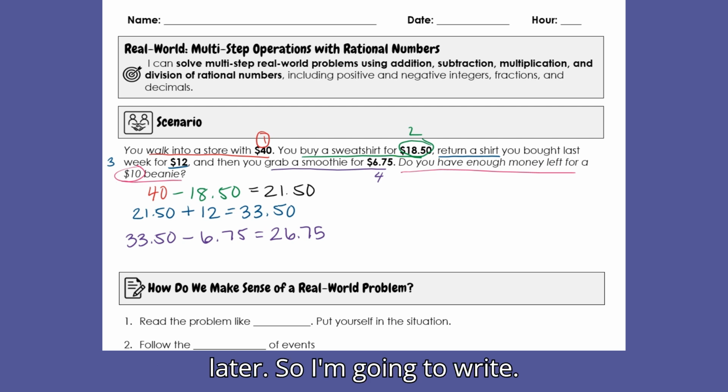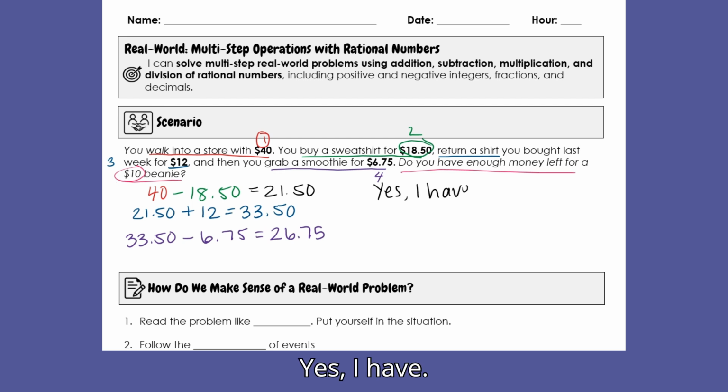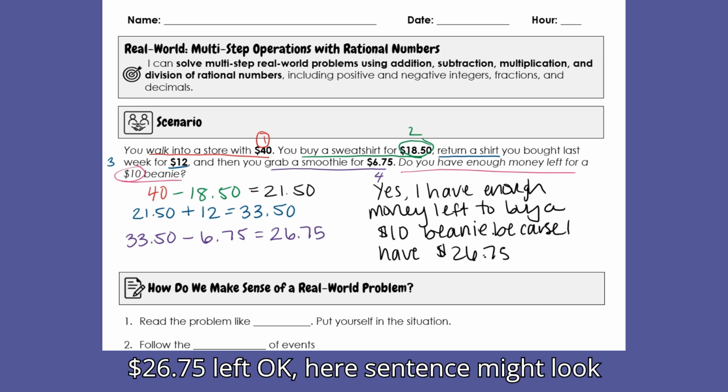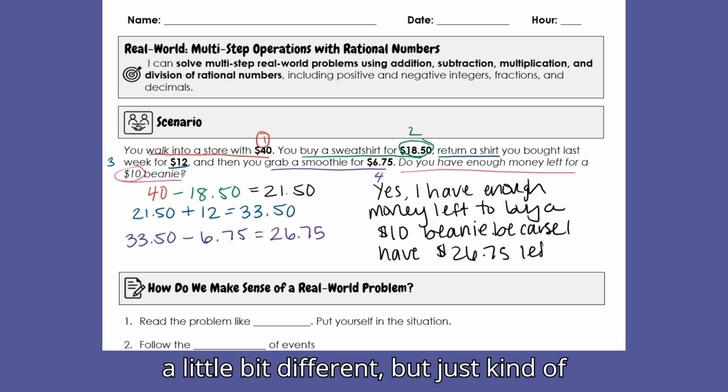So I'm going to write, yes, I have enough money left to buy a $10 beanie because I have $26.75 left.